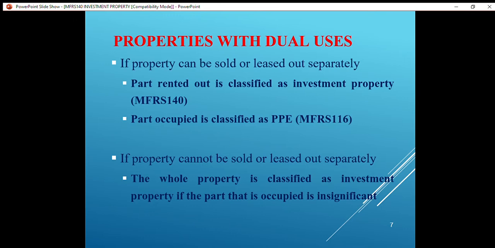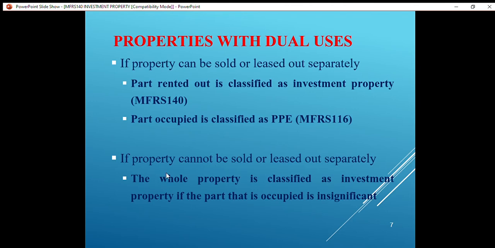So the question is, can we classify the building with dual uses as an IP? Can or not? Well, it actually depends on 2 situations. First, if property can be sold or leased out separately, and second, if property cannot be sold or leased out separately.